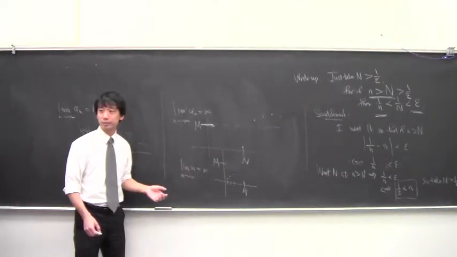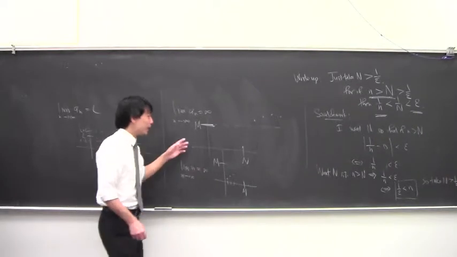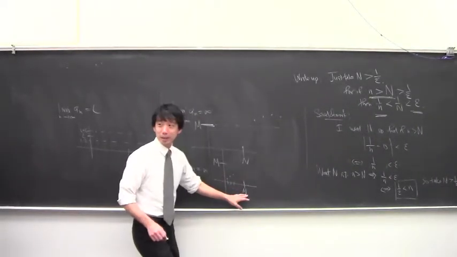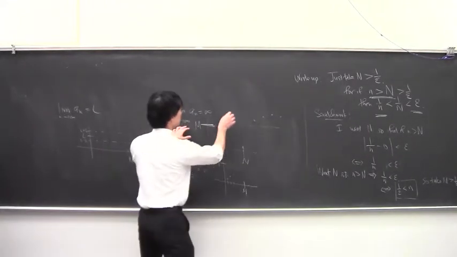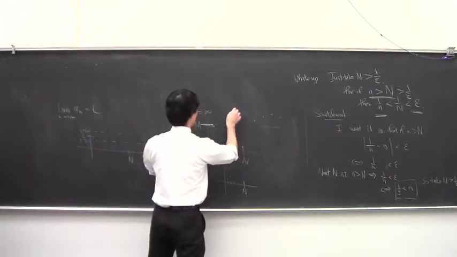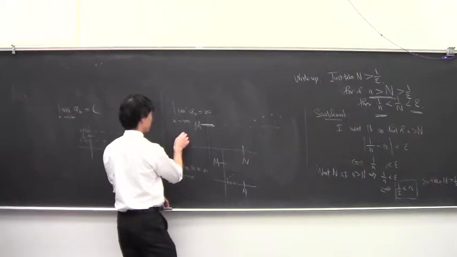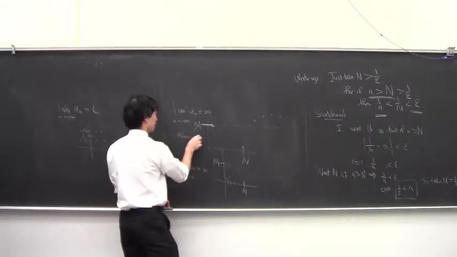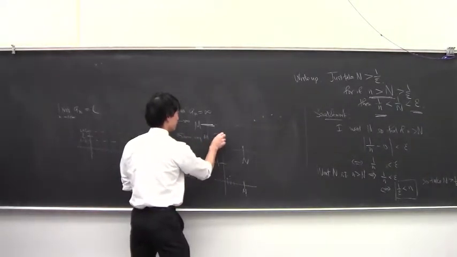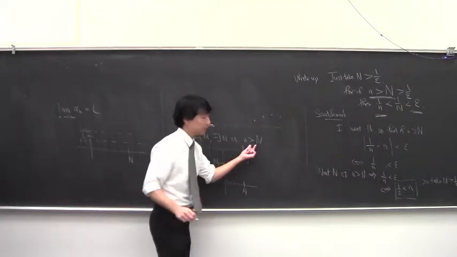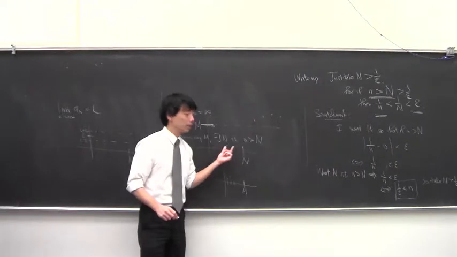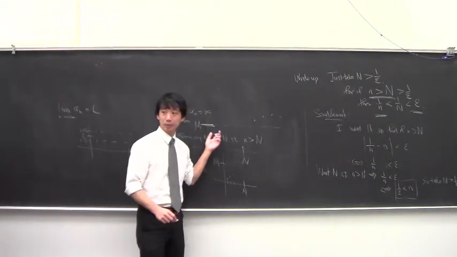Yes, Sarah? Wouldn't n be on the bar? Yeah, so you'd have to say past M. Okay. You usually say, given any M, there exists a time so that past that time, everybody's above the bar.